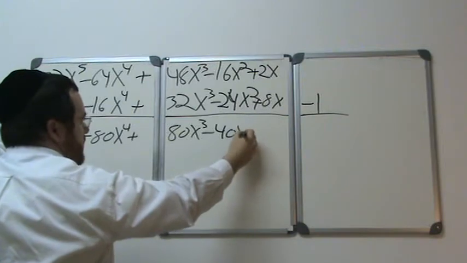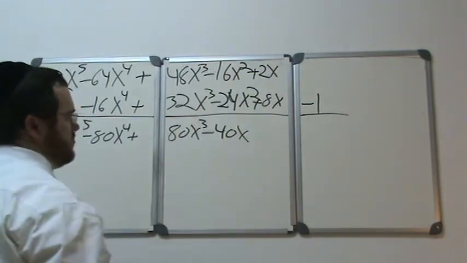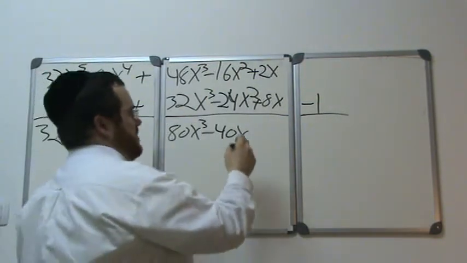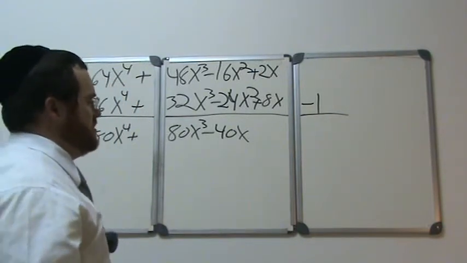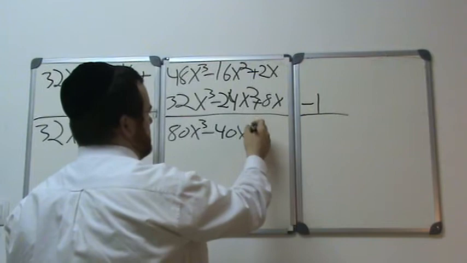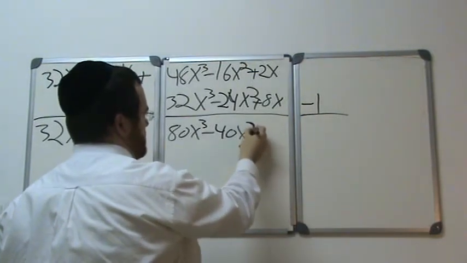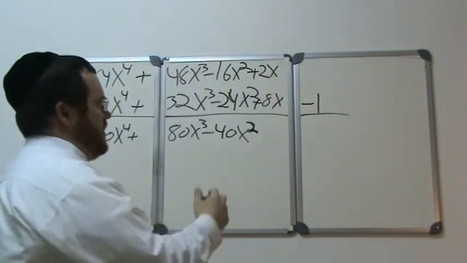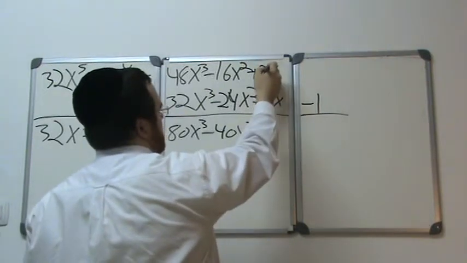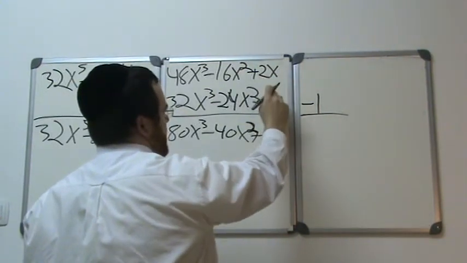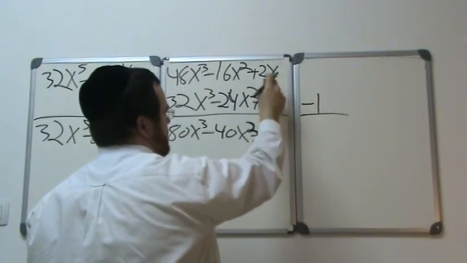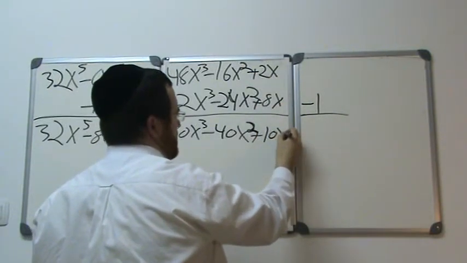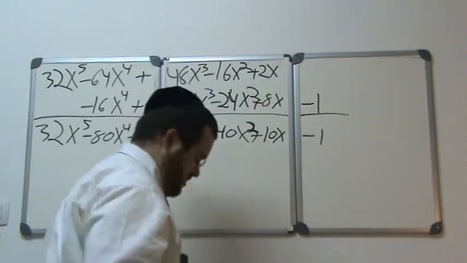You owe 16x squares and you owe another 24x squares, so you owe 40x squares. And then plus 10x, 2x plus 8x is 10x. And then just minus 1.